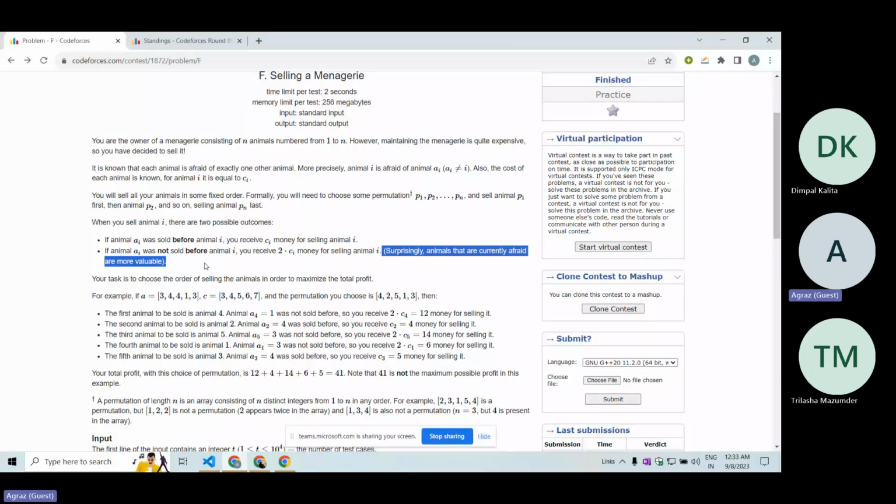For example, let's say A is 3, 4, 4, 1, 3, and C is given as 3, 4, 5, 6, 7, and the permutation is chosen as 4, 2, 5, 1, 3.